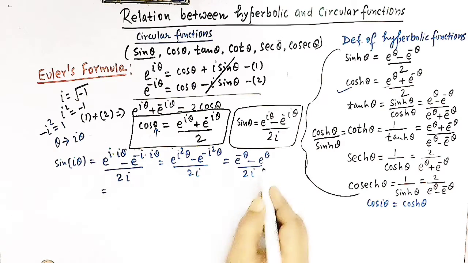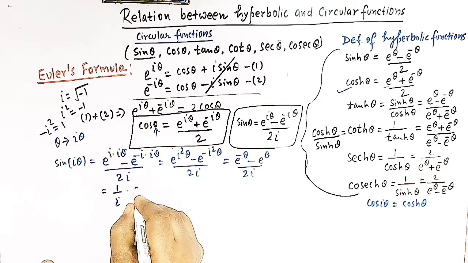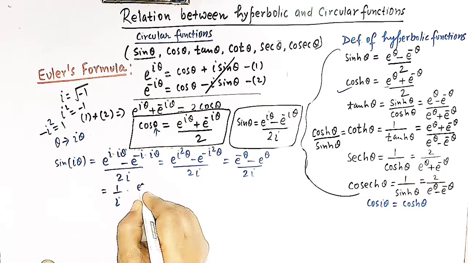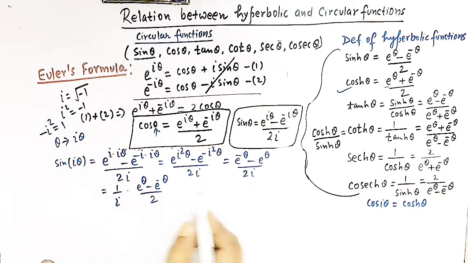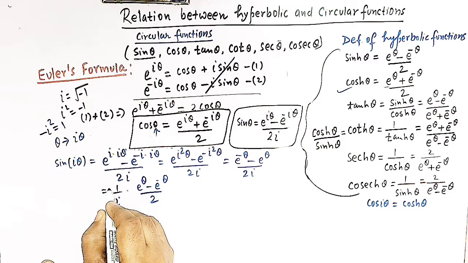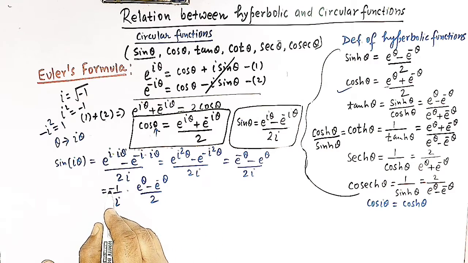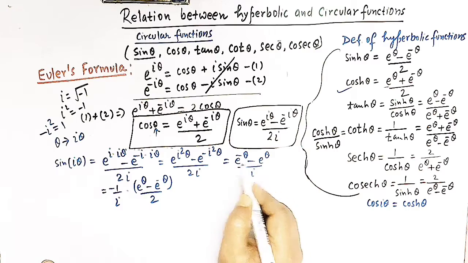So we can also write this expression as 1 over i times e raised to theta minus e raised to minus theta over 2, taking negative 1 common. So here we can write the negative sign, and we can reverse these two terms.